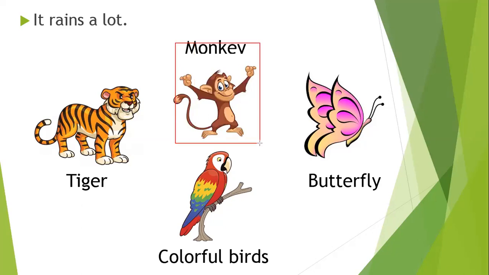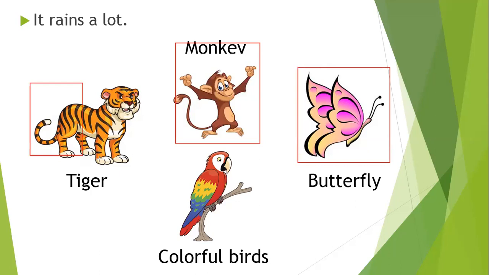The first thing, a monkey. Okay? A monkey can't swim. For some reason, they don't like water. Let's talk about butterflies. A butterfly can't dig a hole in the ground. Another one. A tiger.